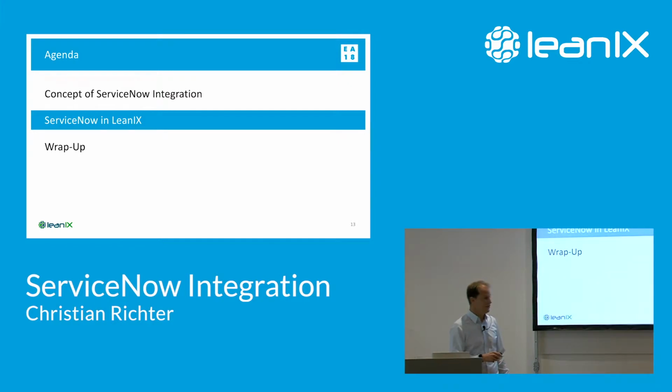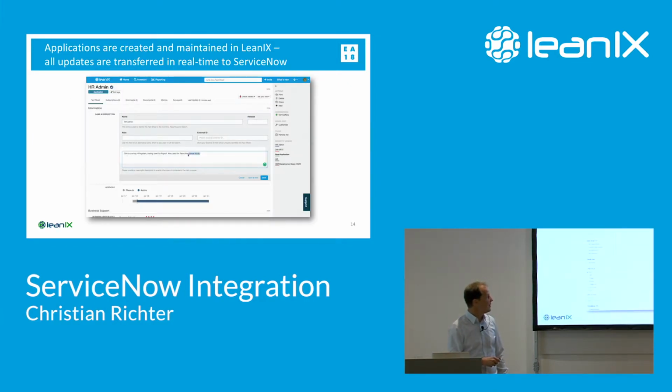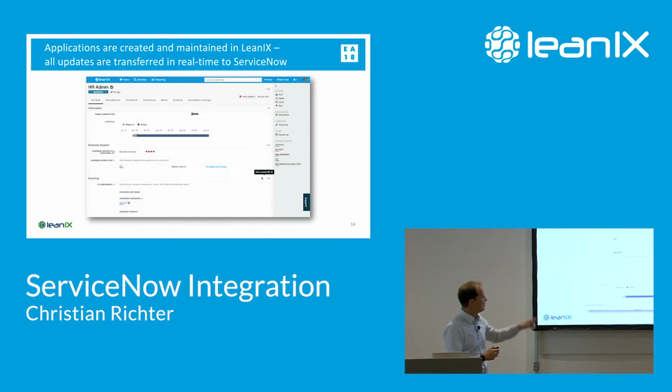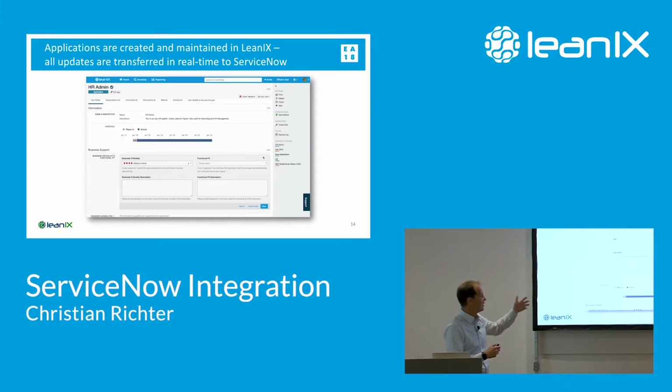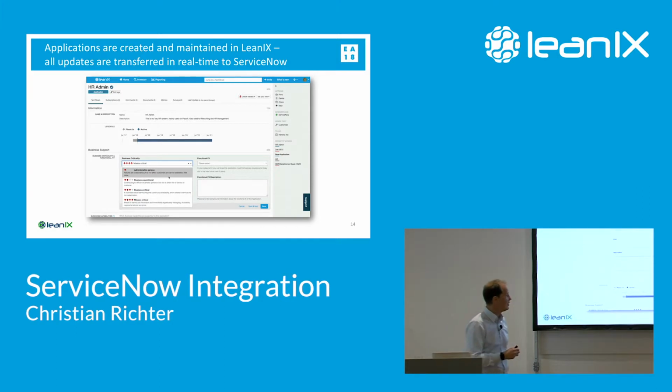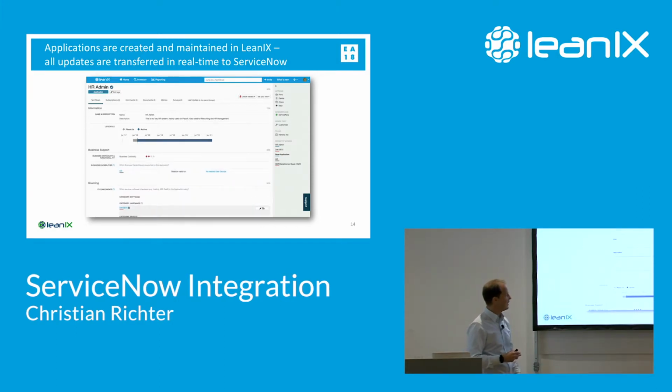So, ServiceNow in LeanIX. Now we're getting a little bit more practical. We're seeing the inventory. We're seeing one application, HR admin. What we can do here, and this is now on the attribute level, is say, hey, I want to manage the description here, or the application owner does it in LeanIX. I do it, I save it, I see it's linked to ServiceNow.